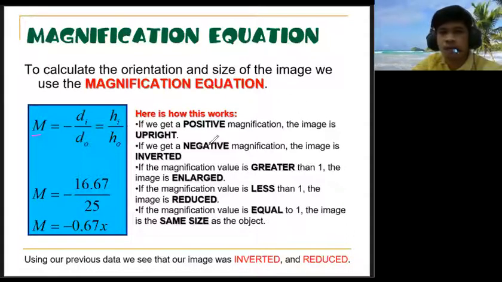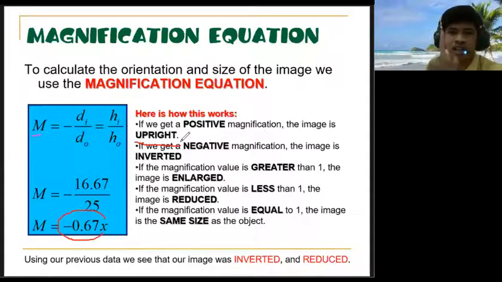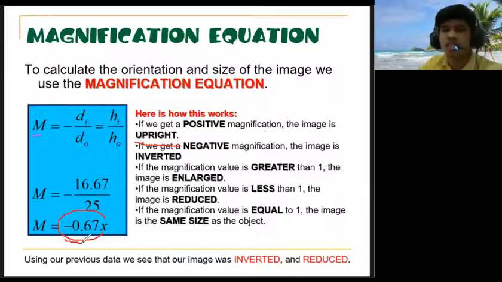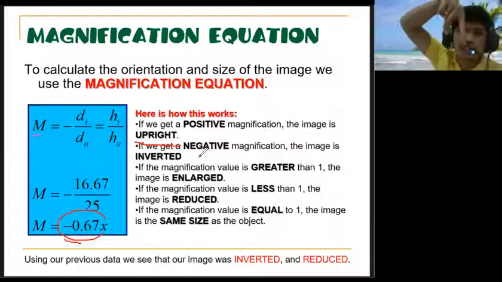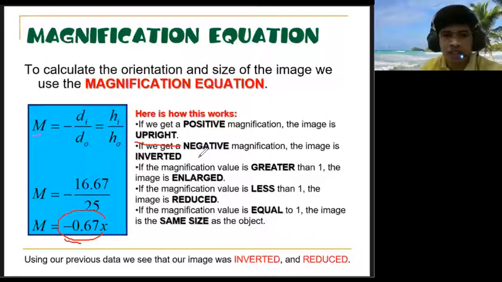Here is how this works. If we get a positive magnification, meaning when we solve this and the answer is positive, the image is upright, just standing upright. But if we get a negative magnification, such as negative 0.67 times, it means that the image is inverted. Negative means inverted. If the magnification value is greater than 1, the image is enlarged.